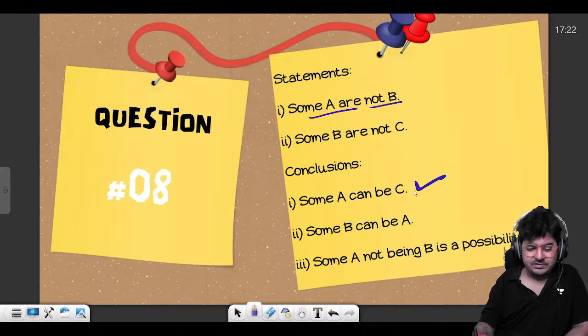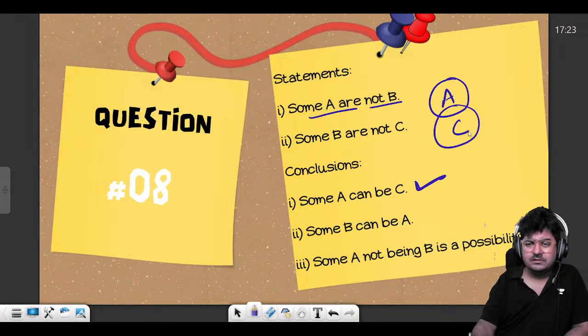Yes, it is possible. Some A can be C. It is like this: A, C, B. Some A not part of B, some B not part of C. Or maybe it could be like all A is the part of B, or all B is the part of C. So some A can be C. That's correct.